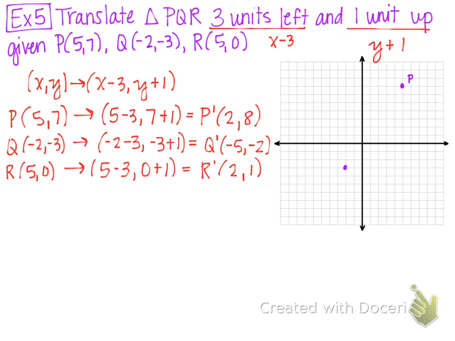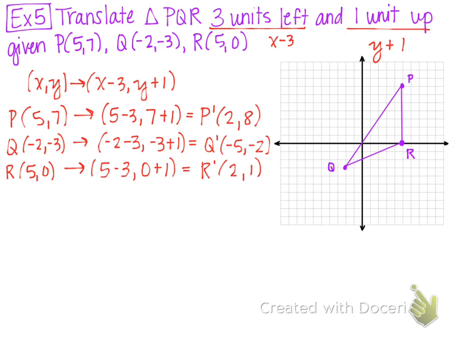So that's Q. And then R is at (5, 0). So let's connect these points. So there's our original triangle.